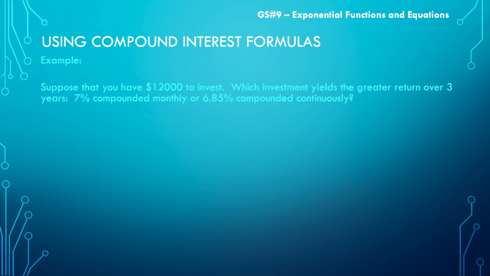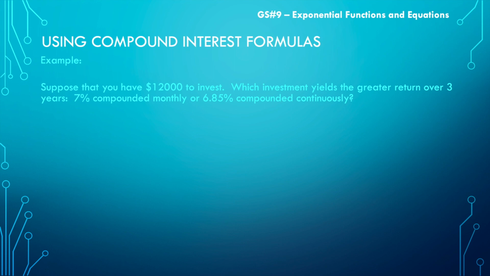Here's an example. Suppose you've got $12,000 to invest. If you have $12,000 to invest, I'm going to be your friend because I do not have $12,000 to invest. Anyway, which investment yields the greater return over 3 years: 7% compounded monthly or 6.85% compounded continuously?